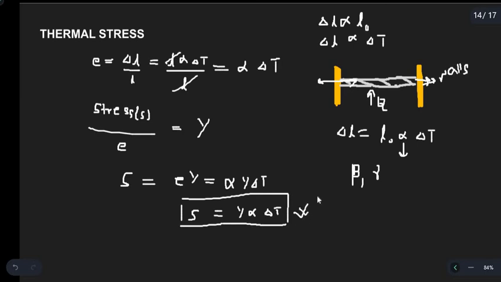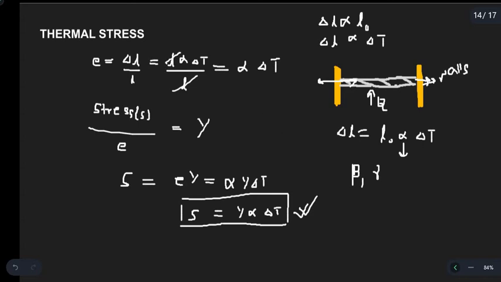This is a very important part. Here S is your stress, Y is your Young's modulus, alpha is the coefficient of linear expansion, and del T is the temperature difference between the two ends of the rod. Clear? So this is the part of your thermal stress.